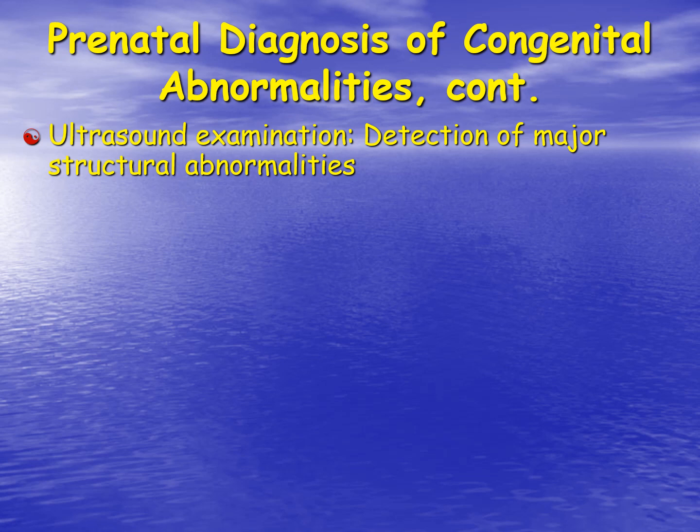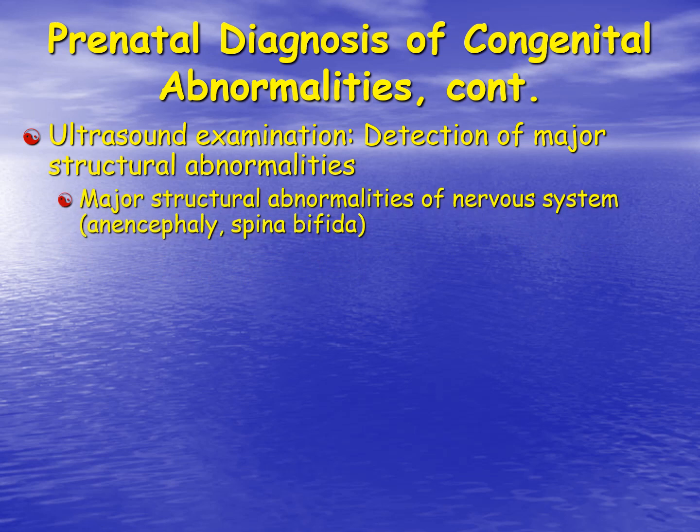Ultrasound examination is detection of major structural abnormalities that can be either hereditary or congenital. So we can look for major abnormalities of the nervous system. Anencephalia literally means without brain. So the brain is not developed correctly, or at least the high brain is not.